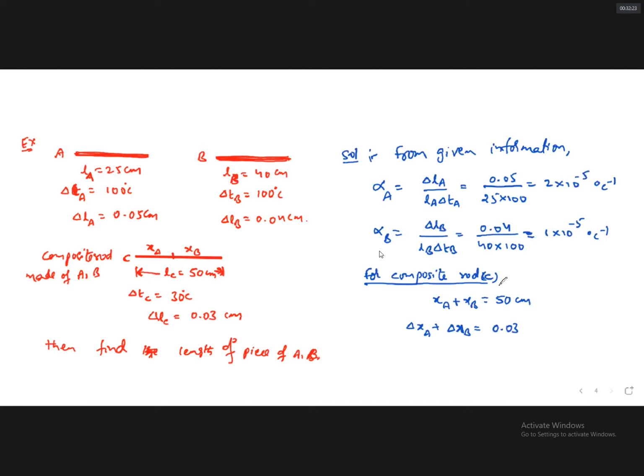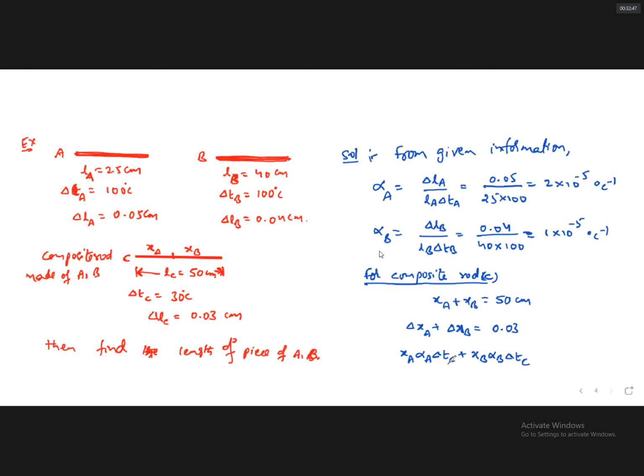When the composite rod expands, each piece of the rod will expand. Individual expansions delta XA plus delta XB, we write as XA alpha A delta theta C plus XB alpha B delta theta C, because the composite rod temperature is increased to 30.